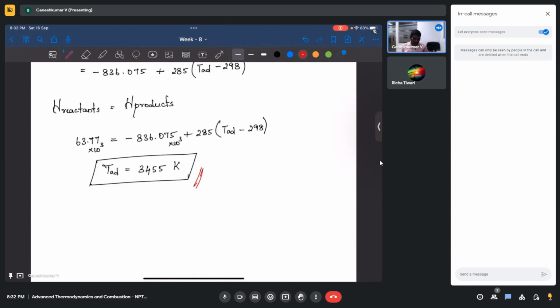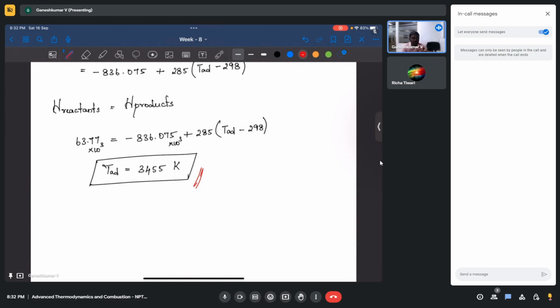It's around 3000. Mostly adiabatic flame temperatures will be around 2000 to 3000. Actually, here we consider only a small number of products, and we didn't consider dissociation or recombination. These are endothermic processes, so you will actually get a lower temperature than this.